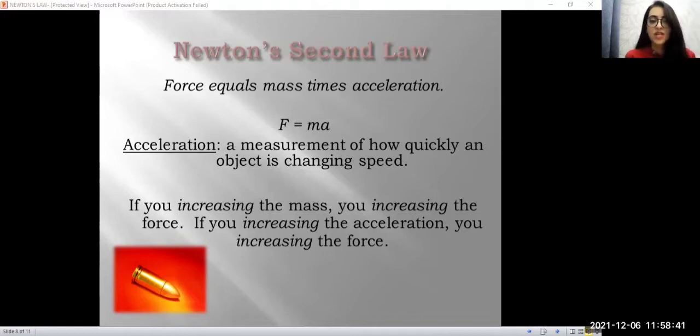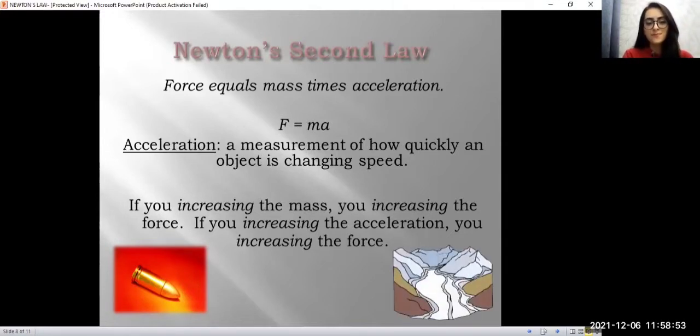Something very small changing speed very slowly will have a very weak force. Second photo. Something very massive, high mass, that's changing speed very slowly, low acceleration, like a glacier, can still have a great force.